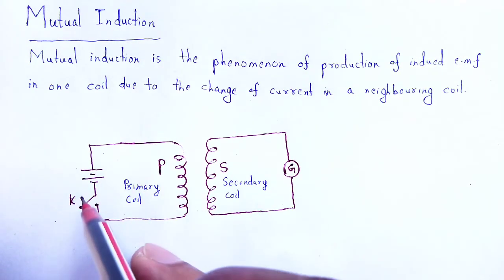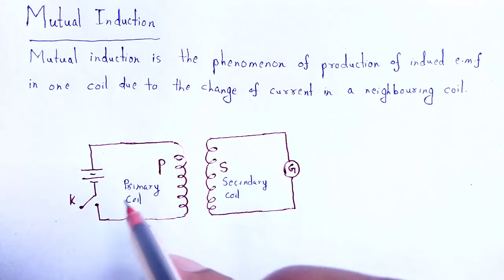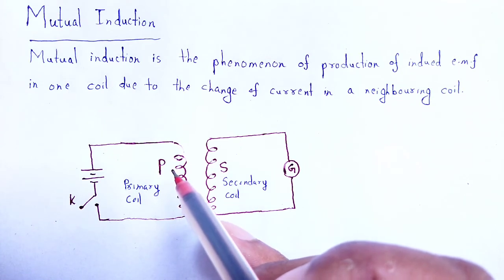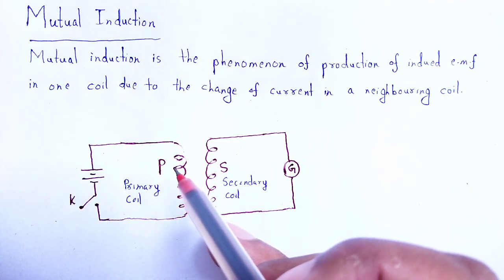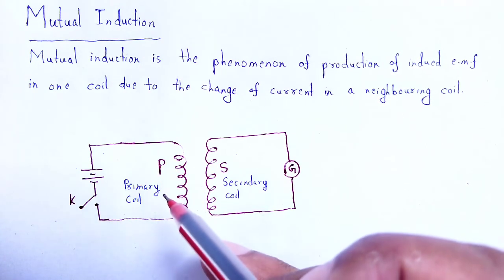Now, on releasing the key, again the current in the primary starts decreasing from maximum to 0.